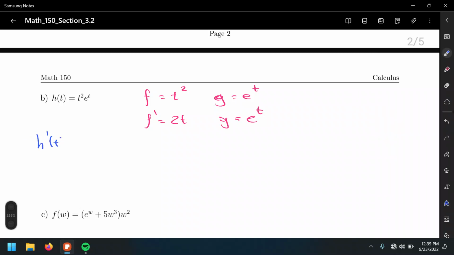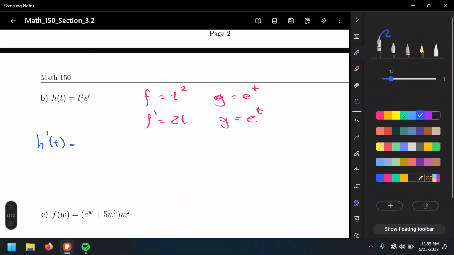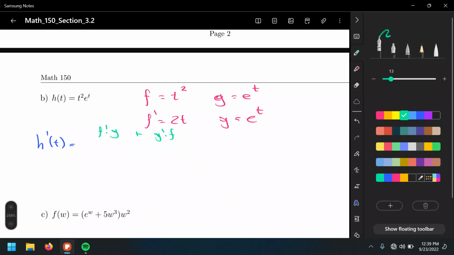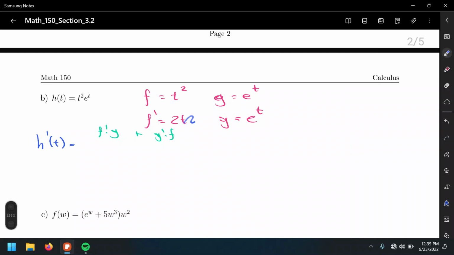H prime of t equals, well, using the formula, let's write down the formula. That's f prime g plus g prime f. So what do we have? F prime, which is 2t, times g, which is e to the t, plus g prime, which is simply e to the t, times f, which is t squared.